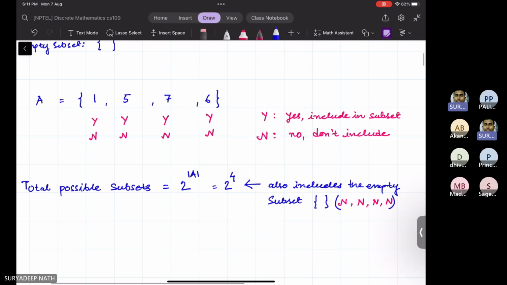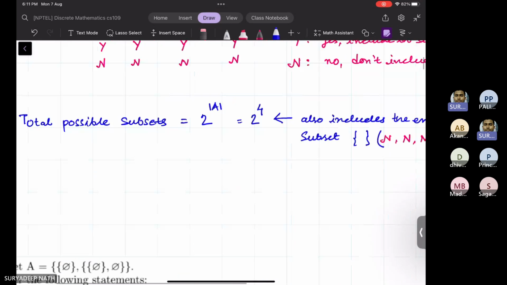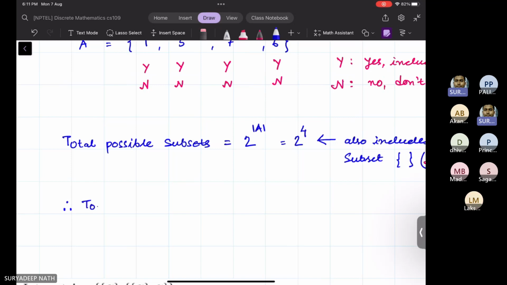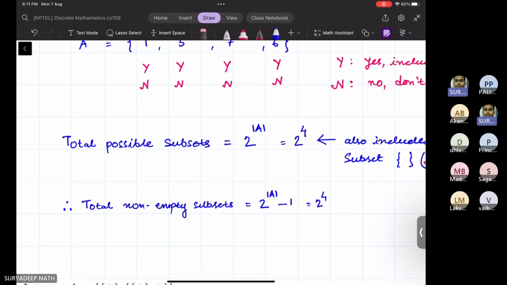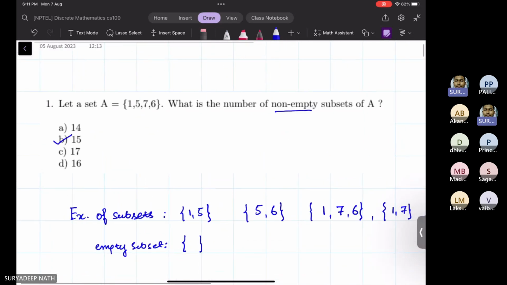We cannot count the empty subset because the question asks only for non-empty subsets. Therefore, the total non-empty subsets equal 2 to the power cardinality of A minus 1, that is 2 to the power 4 minus 1, which is 15. So the right answer is option B, which is 15 for this question.